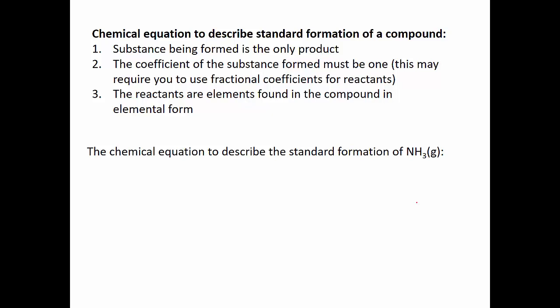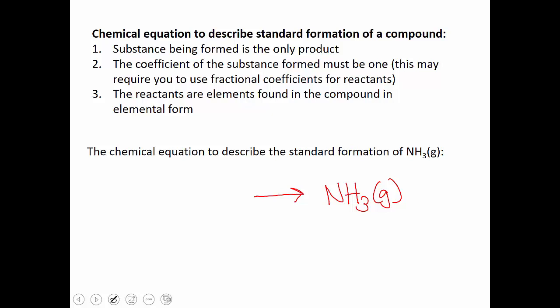So let's do one together. We're going to do the standard formation of ammonia, NH3 gas. So the first thing we're going to do is draw our chemical equation arrow, and NH3 gas is going to be our product. We're going to leave it with a coefficient of 1. Now we're going to pick apart this compound.